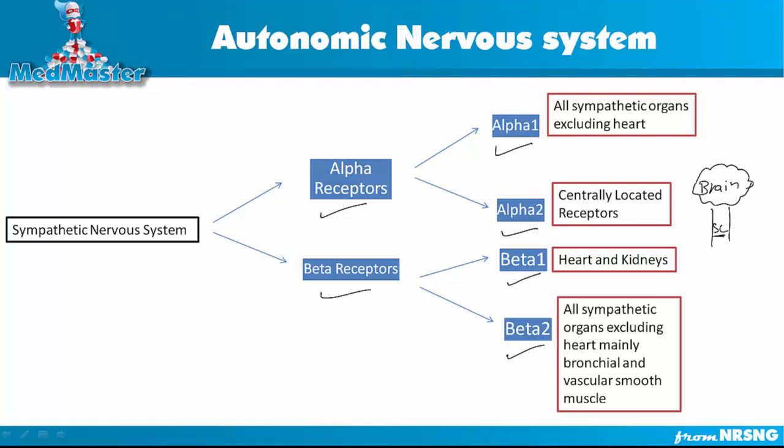The beta 1 receptors are located on the heart and kidneys, and beta 2 receptors are located on all sympathetic organs excluding the heart, mainly in the bronchial and uterine vascular smooth muscles. Sorry, I forgot to write that one down right there. So if you remember these 4 things, it'll be much easier to understand the sympathetic nervous system drugs as well.